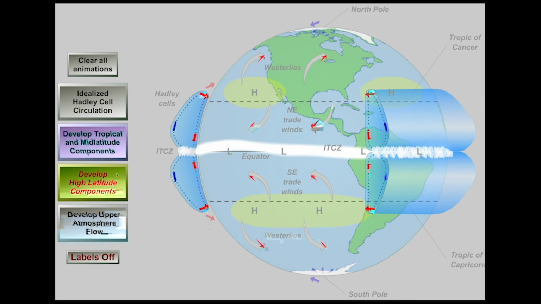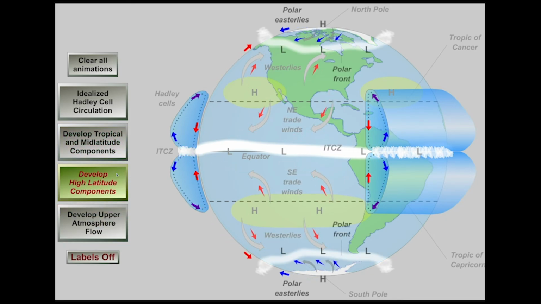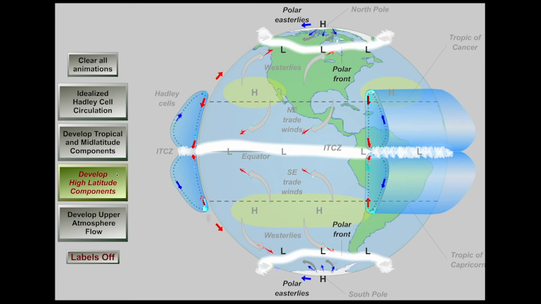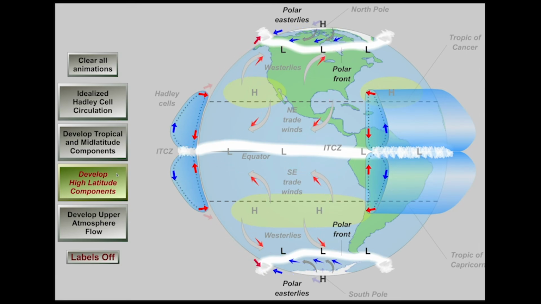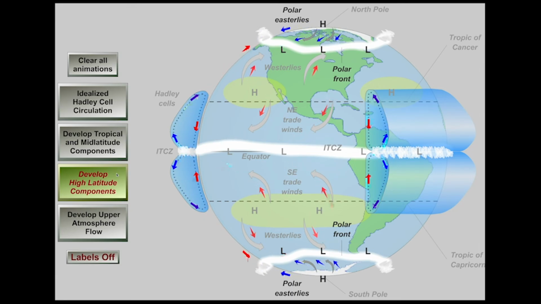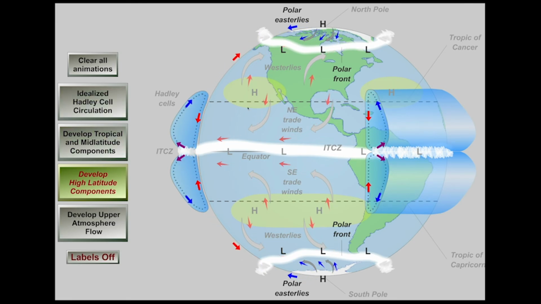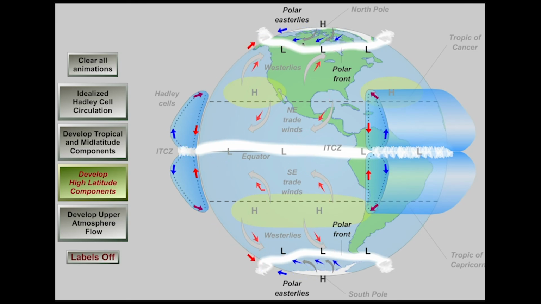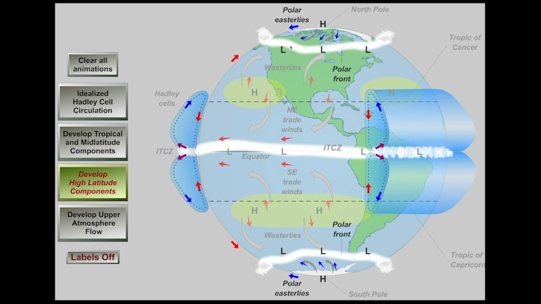Now we're going to throw in the high latitude components. We see the polar front appear. This ring of cool air is going to be associated with a collision here with warm air coming from the south. So cold air coming down from the North Pole is going to run into warm air moving upward from the mid-latitudes.